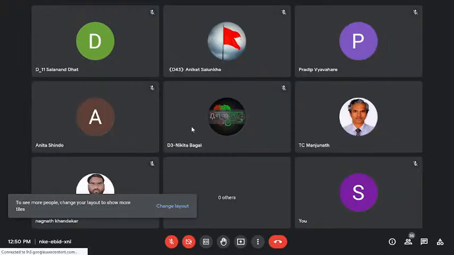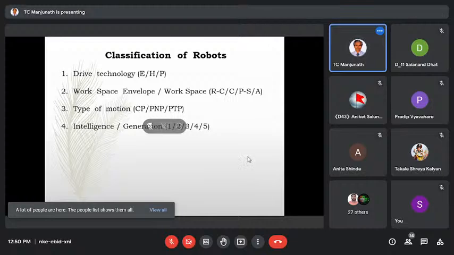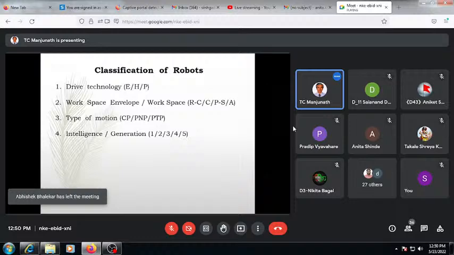So we can classify robots on the basis of drive technology, workspace, the type of motion, and the intelligent generation. You should know what a drive is. There are three types of drives: electric drive, hydraulic drive, and pneumatic drive.